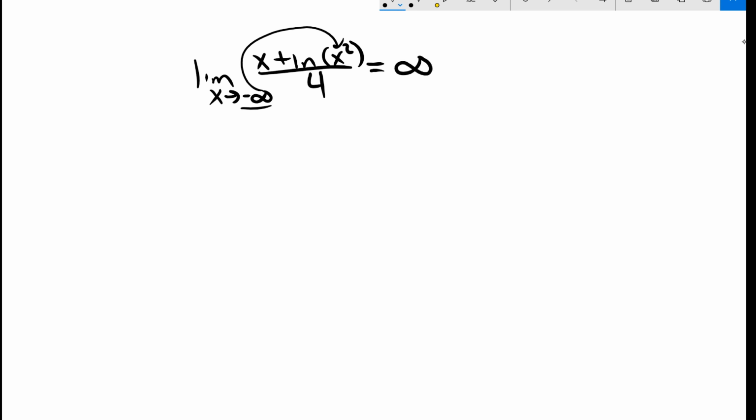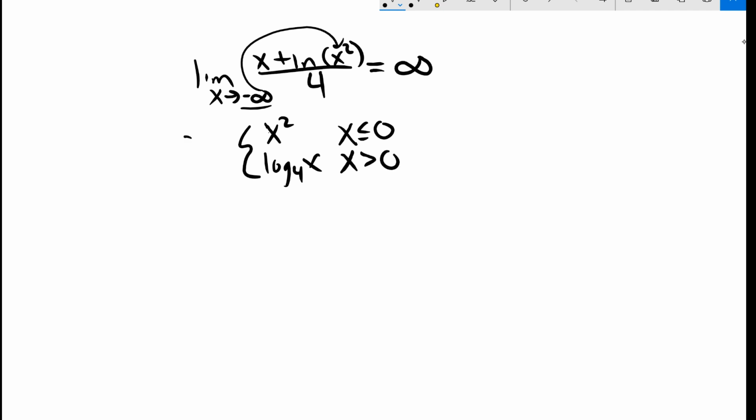so this would be going up towards infinity. Now, more questions that maybe would come up is, let's say I have a piecewise, and I have log base 4 of x, and I have x squared, and this is for x less than or equal to 0, and this is for x greater than 0.